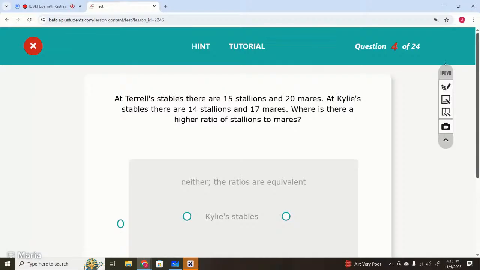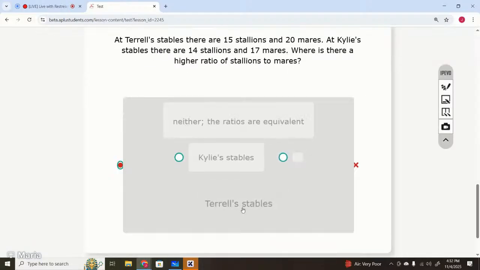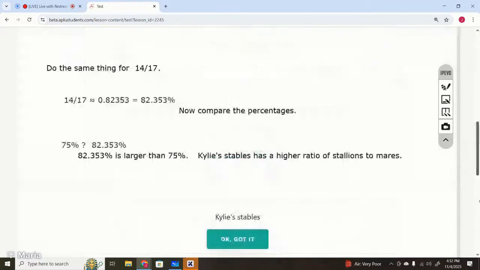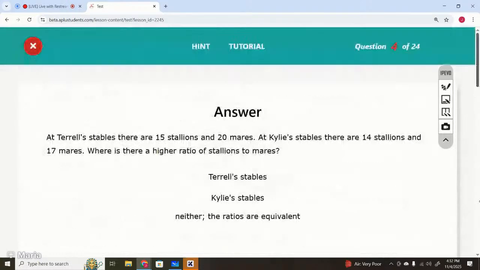Option number Tarrell's has the highest. It's Kelly's Stables. Okay, it's Kelly's Stables.